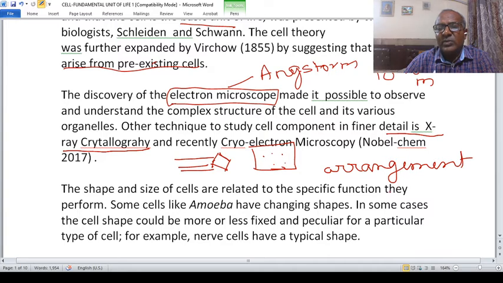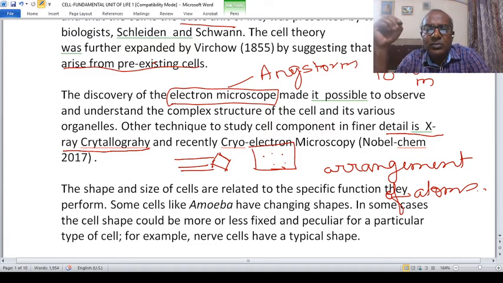It is one of the most accepted techniques in science.